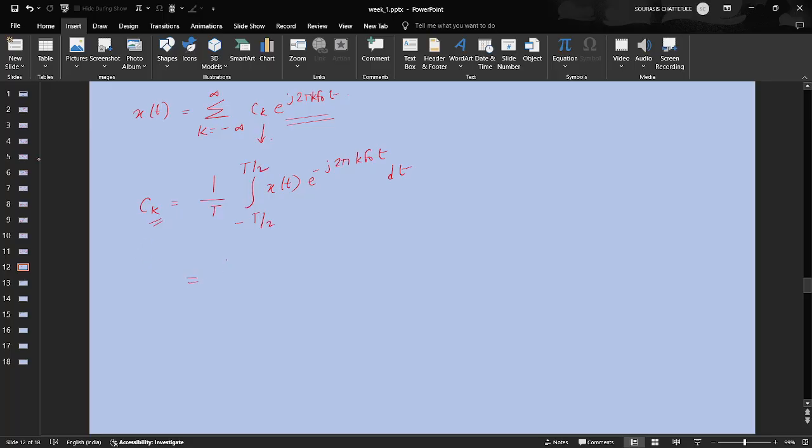Actually, if you do the calculation here, you can see 1 over T, integral from minus T by 2 to T by 2. You can expand xt here.